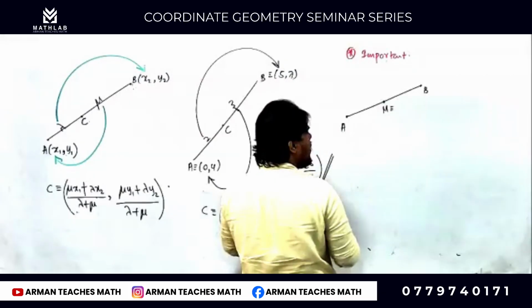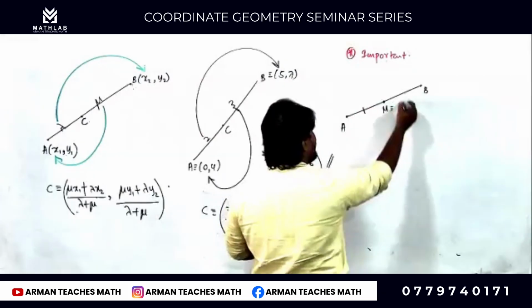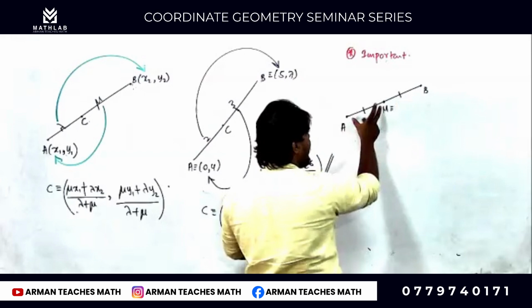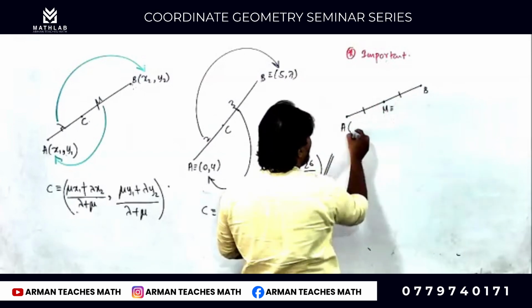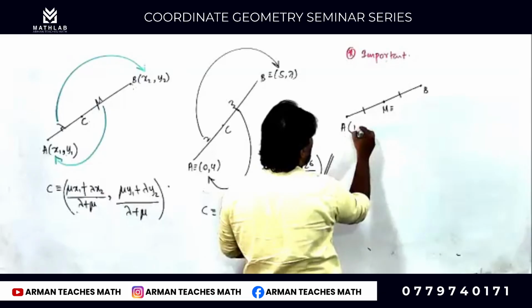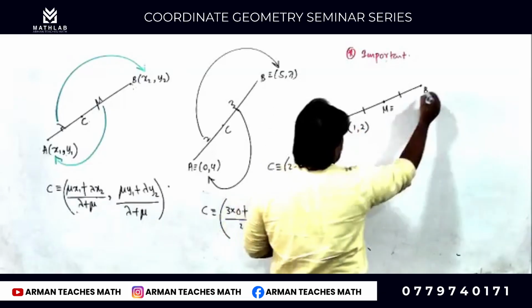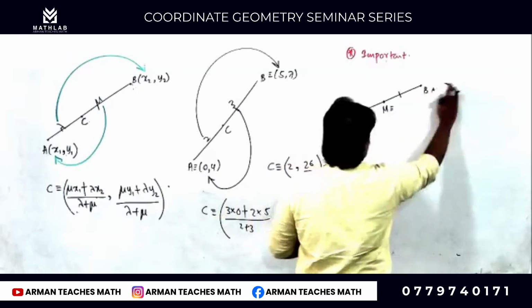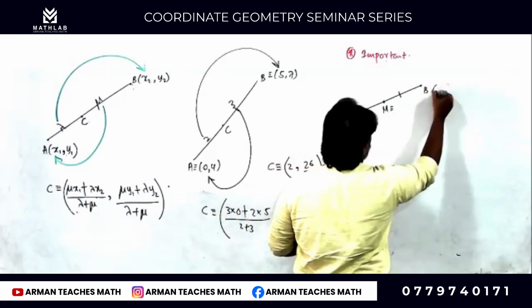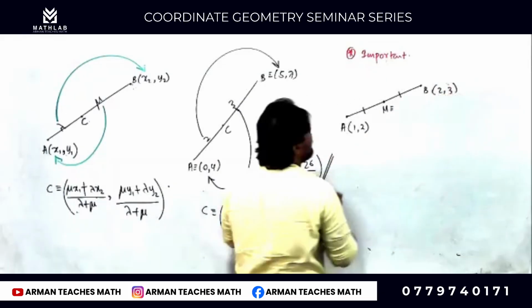Midpoint means it is divided in a 1:1 ratio, into exactly two equal parts. So let's take the points as (1, 2) and (2, 3).